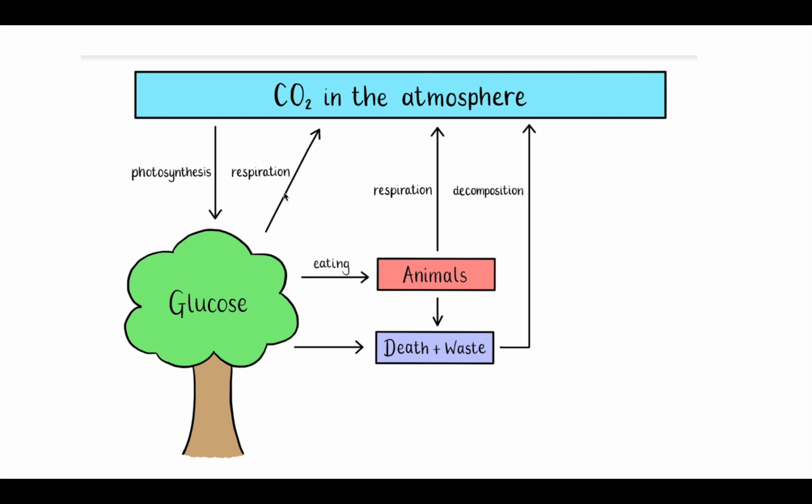We give off carbon dioxide, so there it goes back in the atmosphere. When animals and plants die, then here it is in the dead matter. That's going to go through decomposition, and then that gets released back into the atmosphere. So this is an easier understanding of how carbon moves from abiotic to biotic, back to abiotic to biotic.